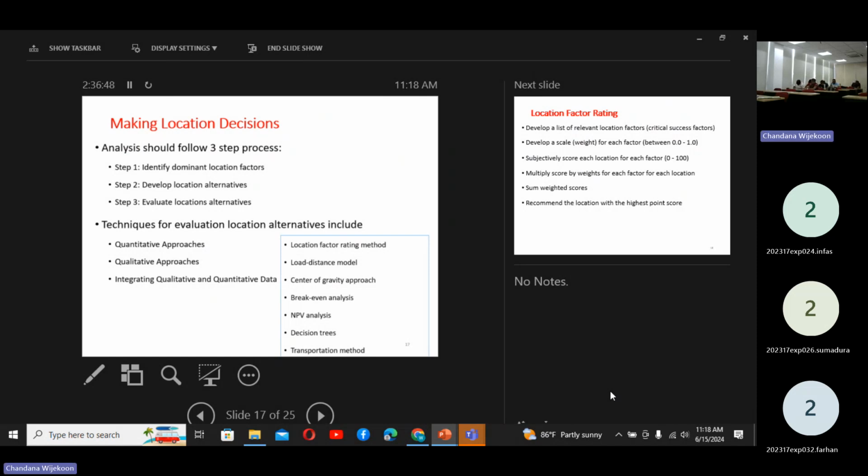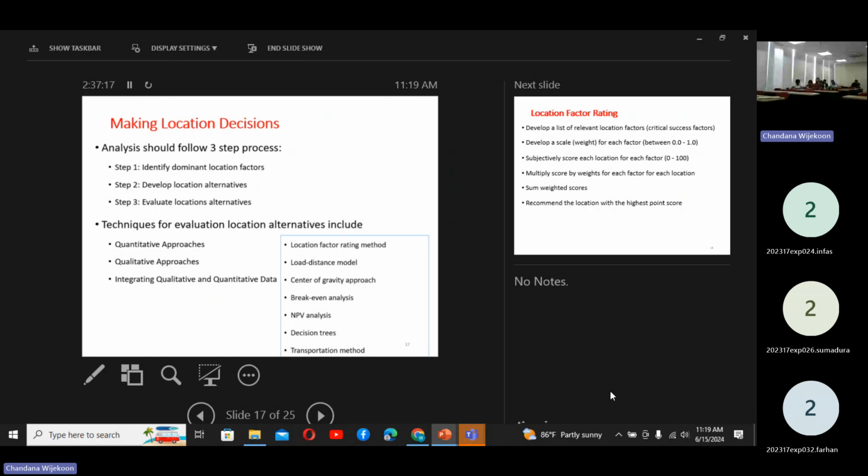So nearby spacious parking facilities are important. Is that a revenue factor or a cost factor? I would consider it a revenue factor, because if you have more space, you can attract more customers, and if you can attract more customers, your revenue increases.